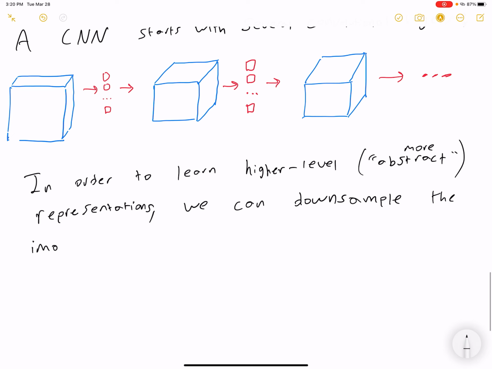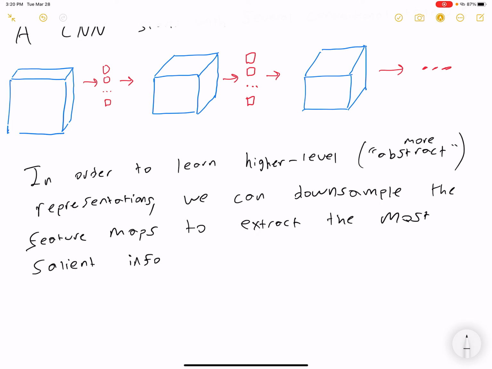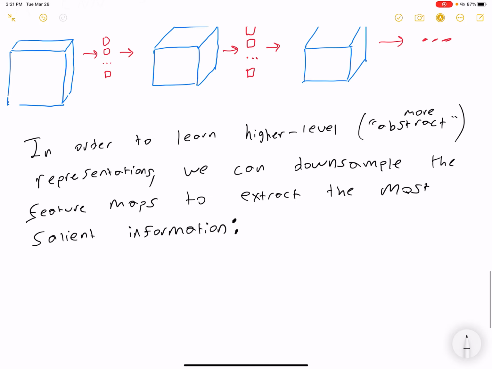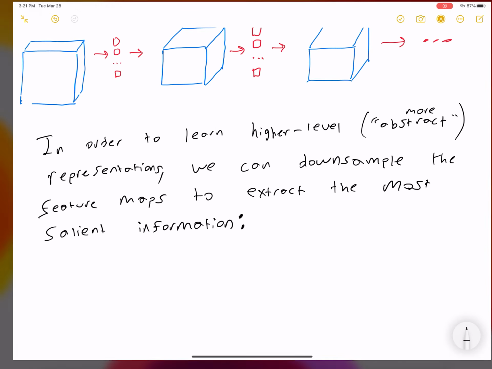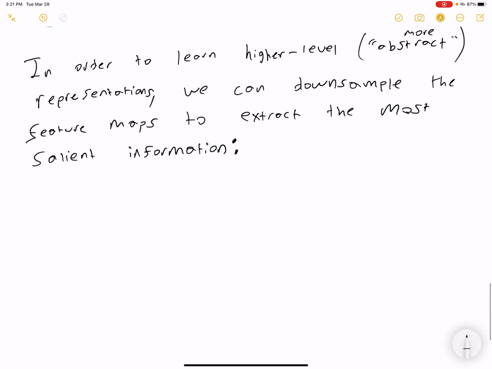Downsample the image, or sorry, I guess I should say feature maps, at each layer to extract the most salient information. So that's a lot of words. Let's break that apart, and maybe the easiest way is to introduce the next type of layer.